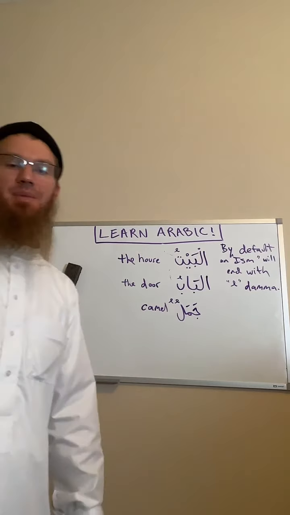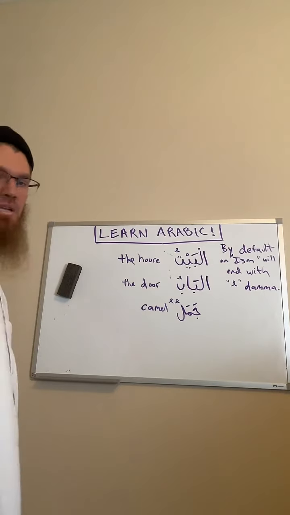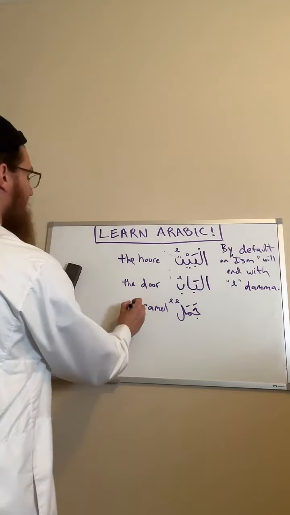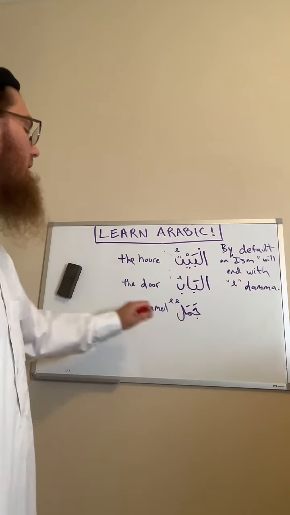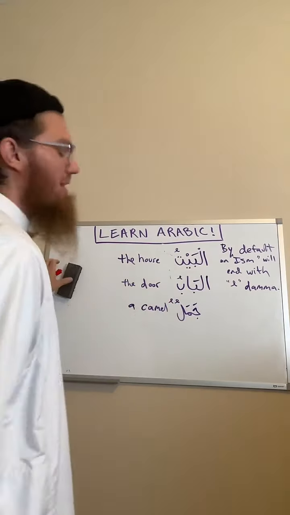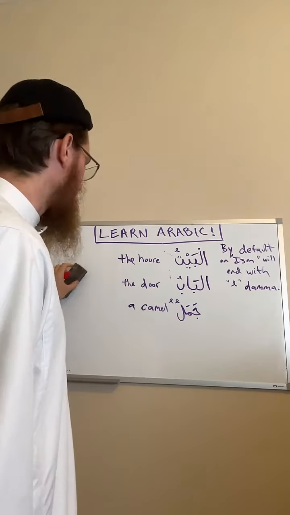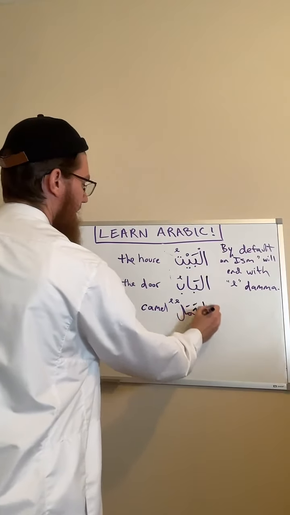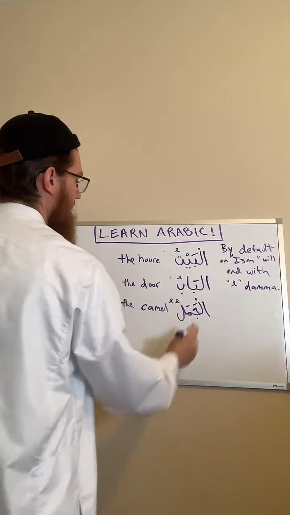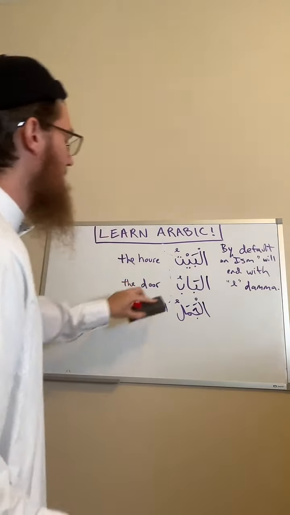This is indefinite. It means a camel. Jamalun, there's two. It has tanween. How would I make it the camel? We would add alif lam in the beginning, and we would take away one of these. Al-jamalu.